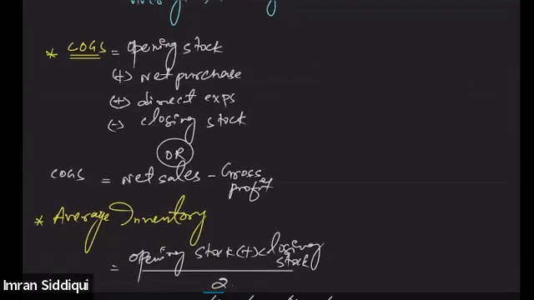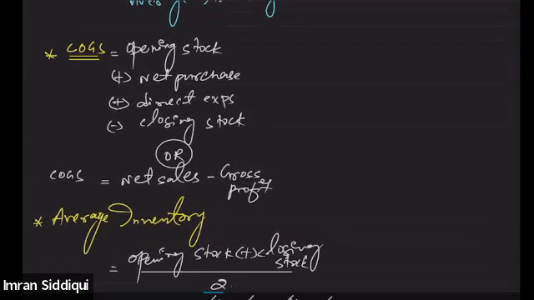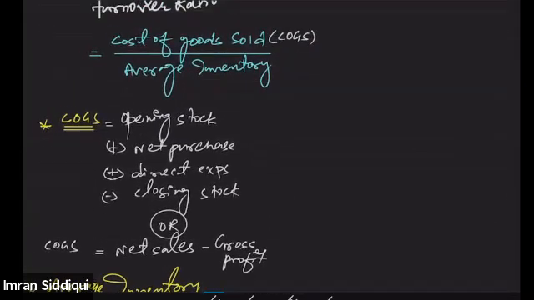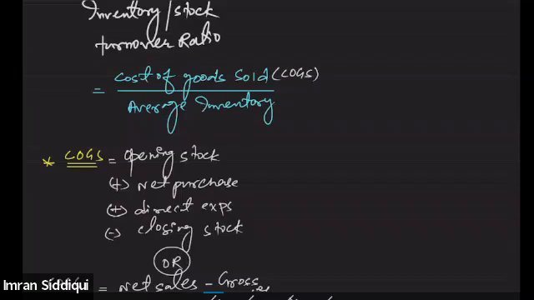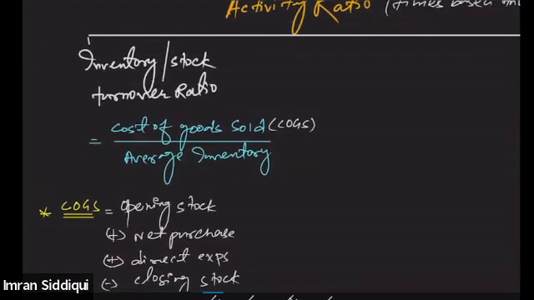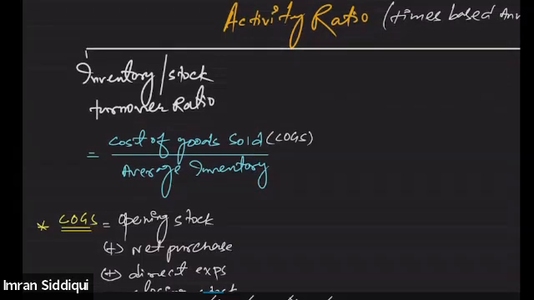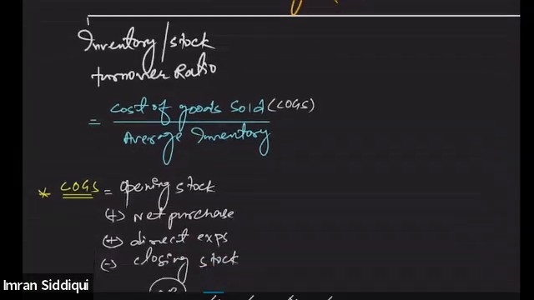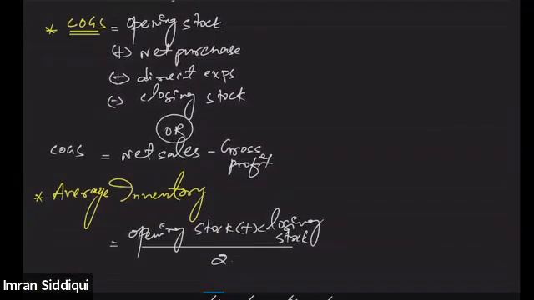This is the maximum I can zoom out. Can you scroll to the beginning once again? Yeah. This is the main formula: cost of goods sold divided by average inventory. And to find the cost of goods sold, we have this formula, and this one for the average inventory.